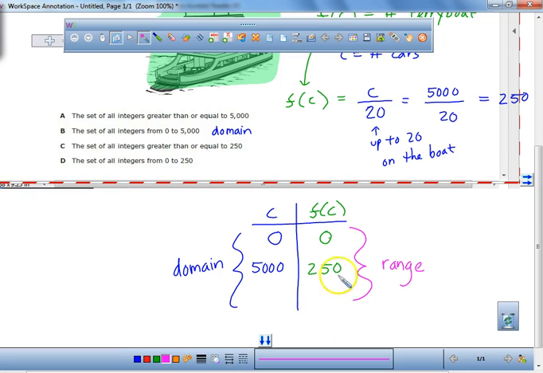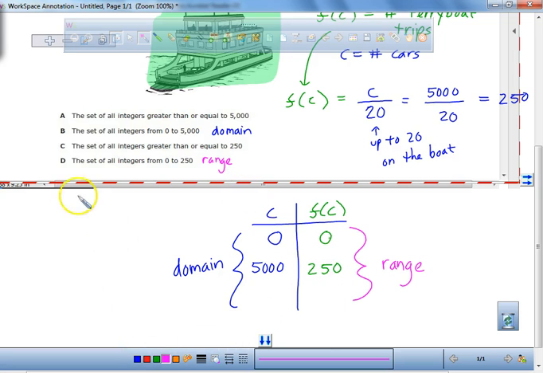All the integers. Remember, integers don't include fractions. You can have 0, 1, 2, 3, 4, 5. All that is not a fraction. I know 5 divided by 1 is a fraction, but integers aren't fractions. From 0 to 250, that's the range.